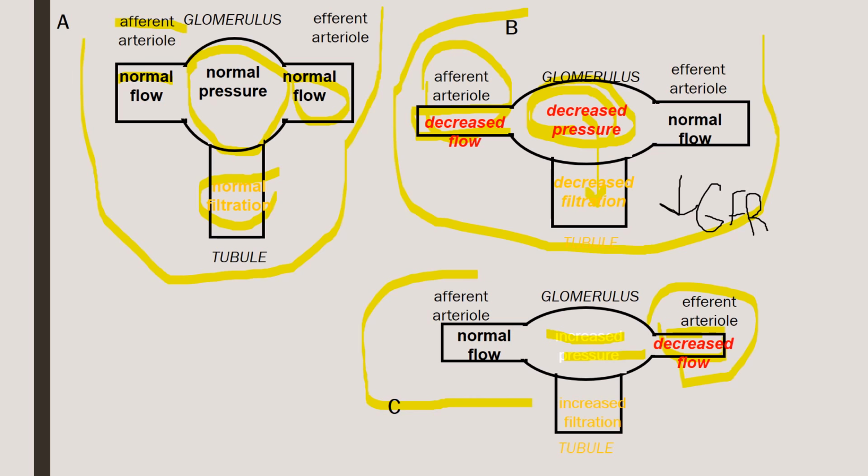This is an example of damming back of blood in the glomerular capillaries. So this is actually going to increase GFR because of that increase in pressure. So we're going to have an increase in the amount of filtrate. Okay, so another example of doing this would be to dilate the afferent arterioles, and that would have a similar effect as well, where we would have an increase in GFR.